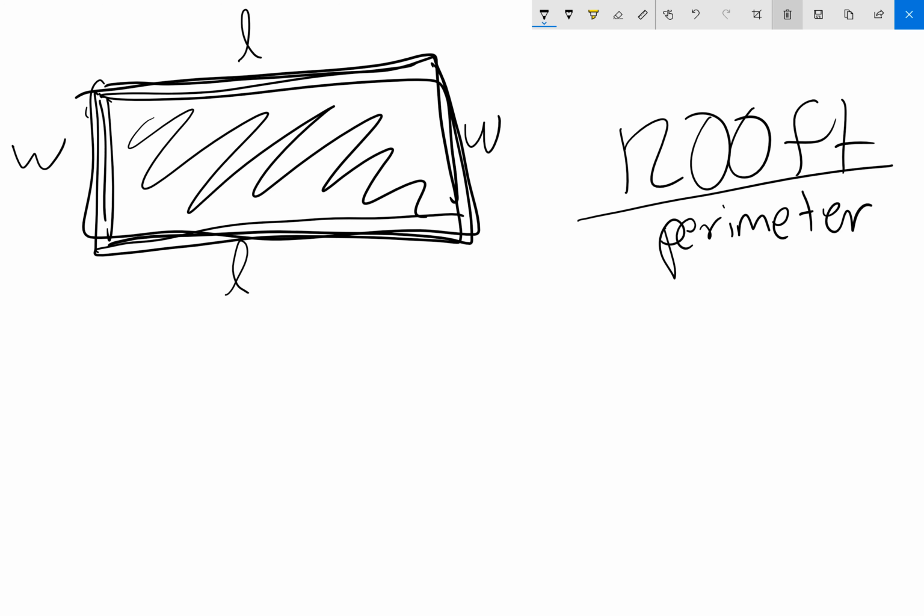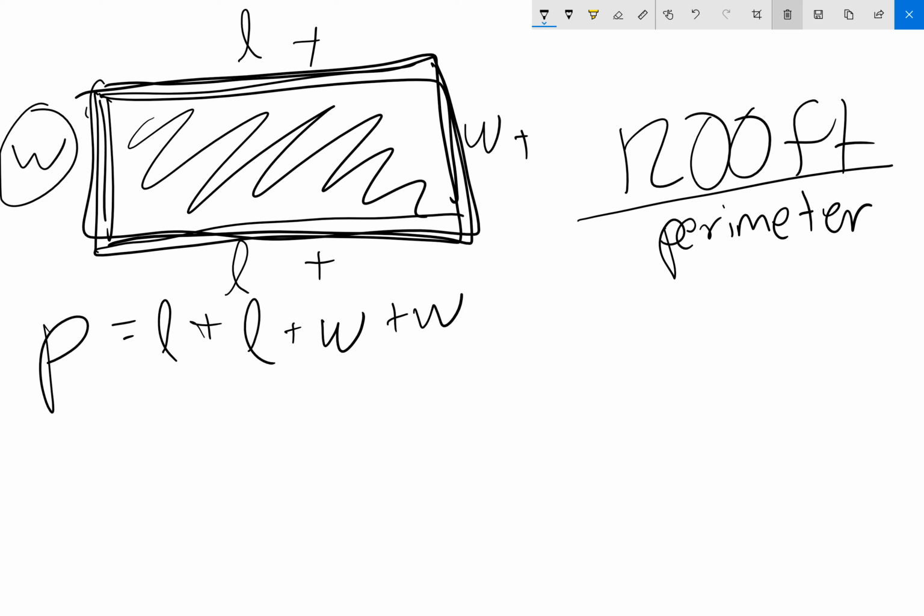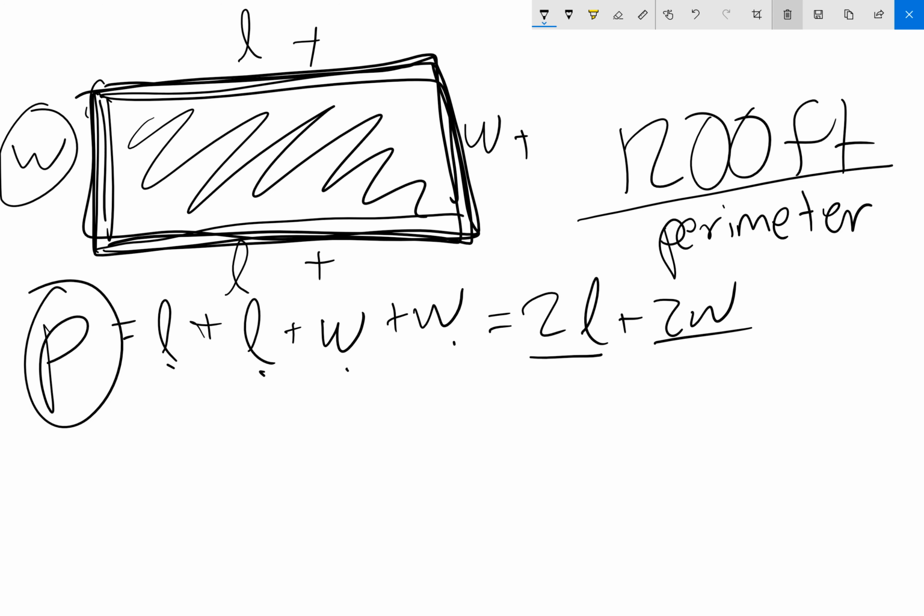So you can say perimeter is equal to L plus L plus W plus W, or 2L plus 2W. Would you agree with that? 2 L's and 2 W's give us our perimeter.